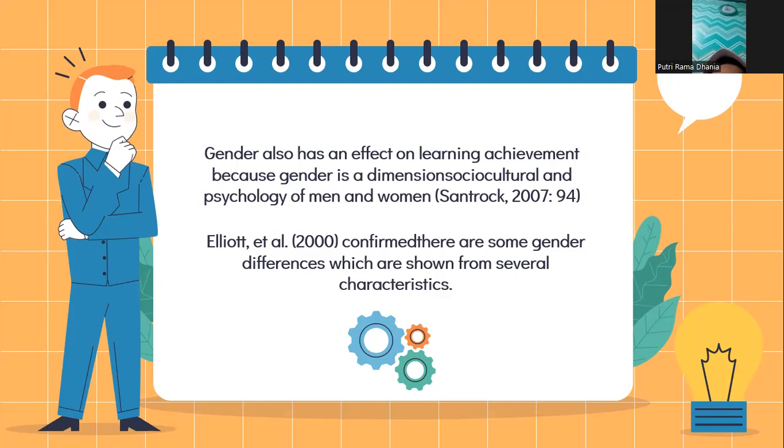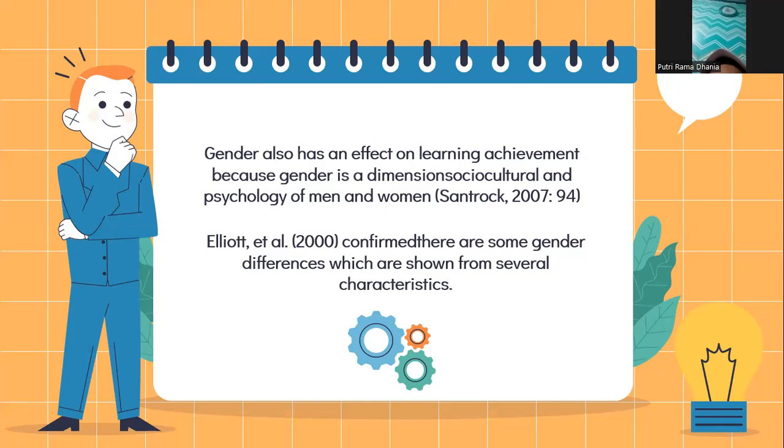In fact, the concept of birth as male or as female, sex, is different from the concept of gender. But the concept of gender is often used interchangeably, by overlap. Elliot et al. clarifies gender refers to the psychosocial aspect of maleness and femaleness, whereas sex refers to biological maleness and femaleness.